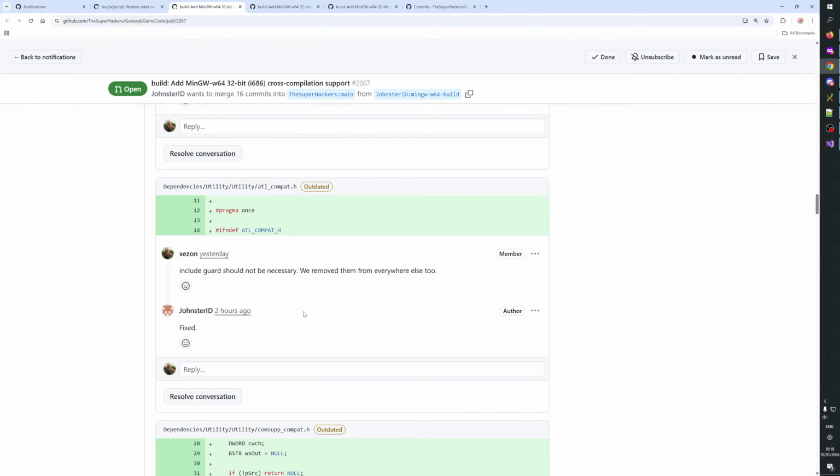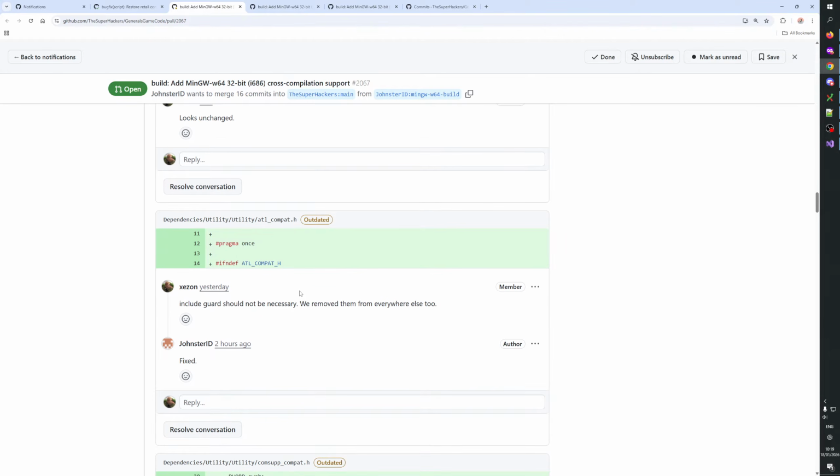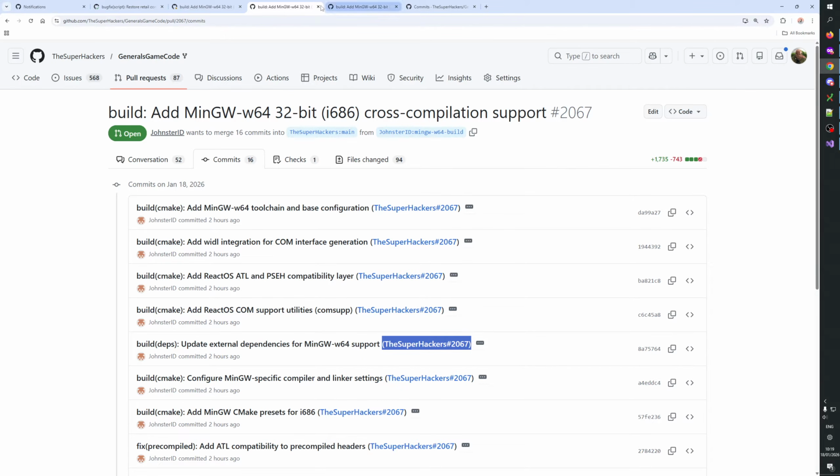Remove them from everywhere else too. Include guards should not be necessary. ATL compat.